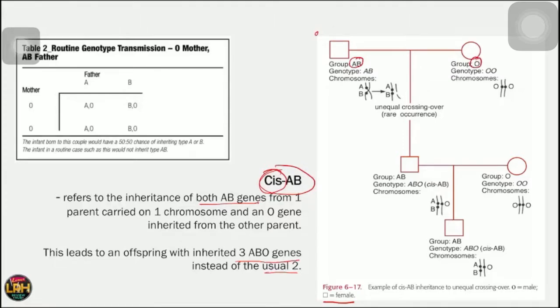In crossing over, there is an equal crossing over, which is a very rare occurrence. In the rarest possibility, an offspring can inherit the AB genes from the mother and the O gene from the father. So the genotype of the offspring is ABO, which is the cis-AB. Hence, its phenotype is type AB.